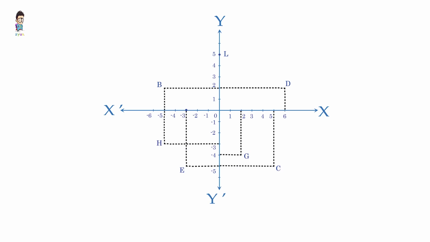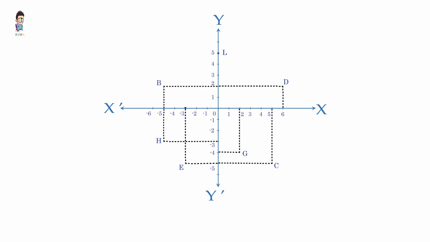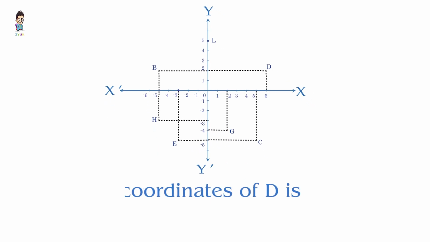Look at the figure. Here, some points in the coordinate system are given and we need to find the coordinates of these points. First of all, we will consider the point D. Here, this point D lies in the first quadrant and its coordinates are 6, 2. Now, consider the point B on the second quadrant. Its coordinates are -5, 2.